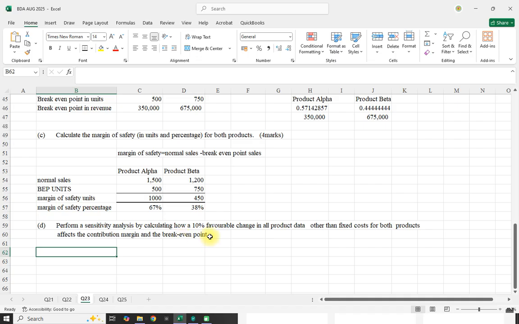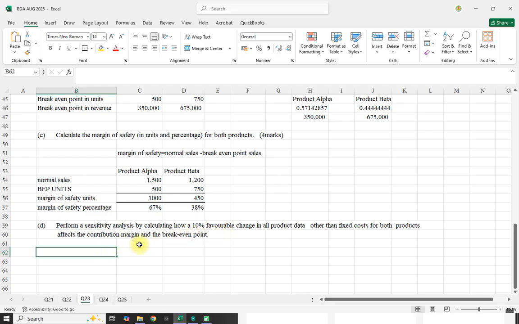So here the key thing is the contribution margin and the break-even point. You can decide to go with the break-even point in units or even in shillings, whichever.